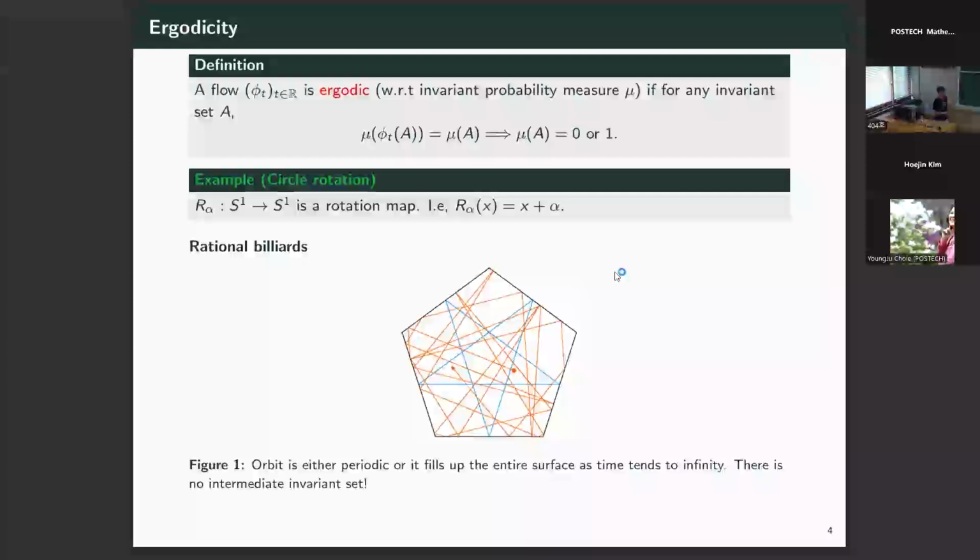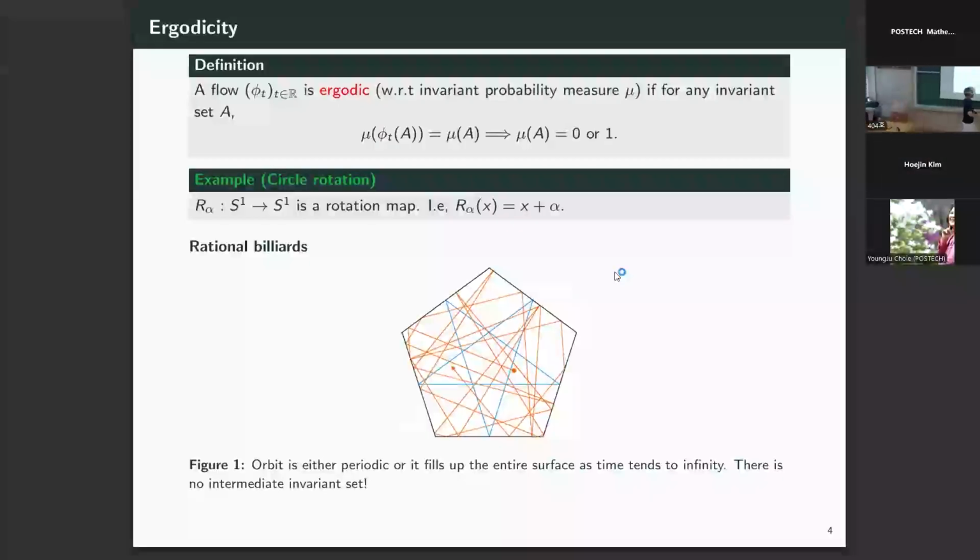Just a small question. What is the definition of the invariant set over here? It means invariant just in the sense of the measure. The set itself is not invariant, but if you take the measure, then they are the same. We consider one single measure in the system. So if you choose this one as A, and this one will be TA, these two are not the same, but the measures are preserved.